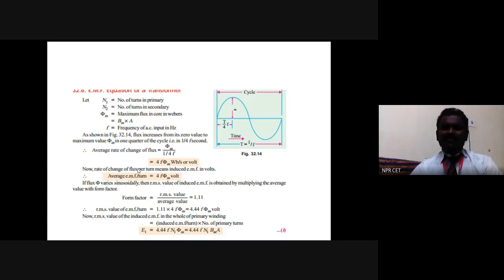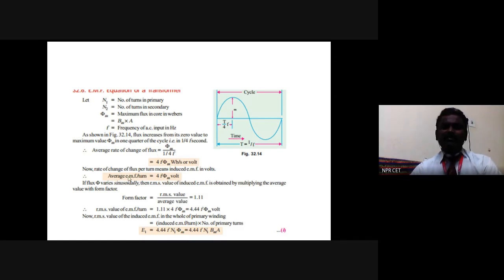Rate of change of flux per turn means induced EMF in volts. So the average EMF per turn, we have calculated for a single turn, is 4f phi m in volts.